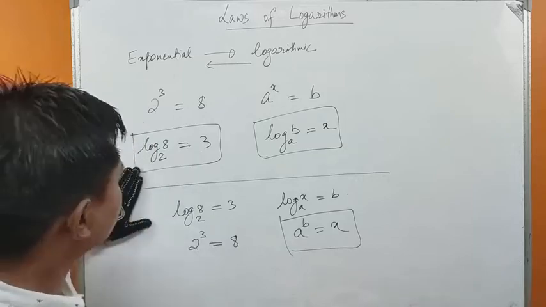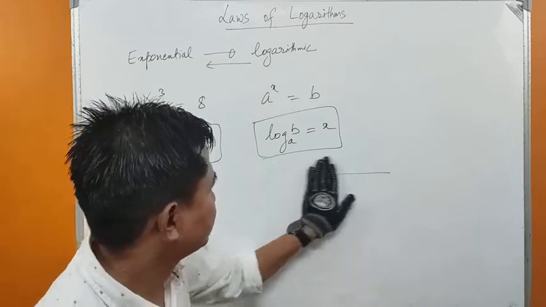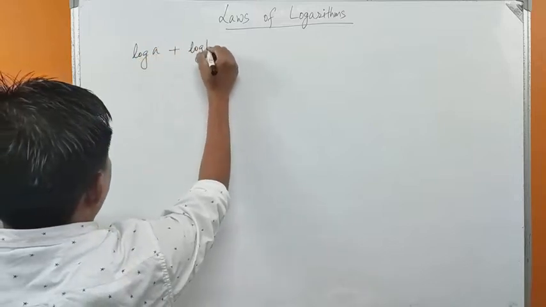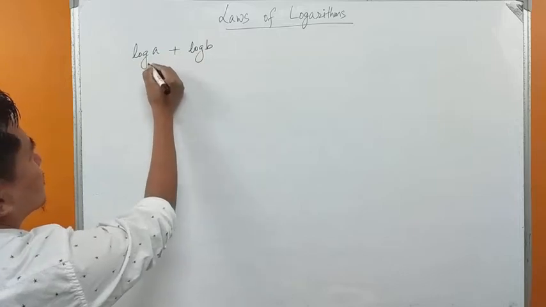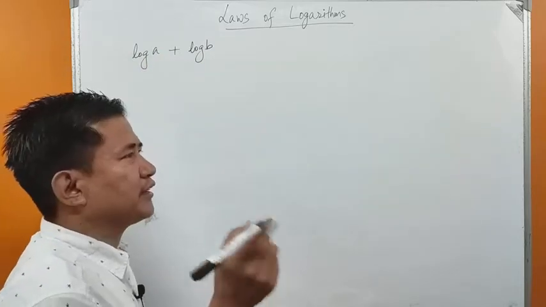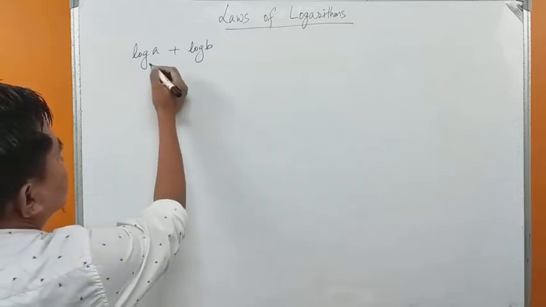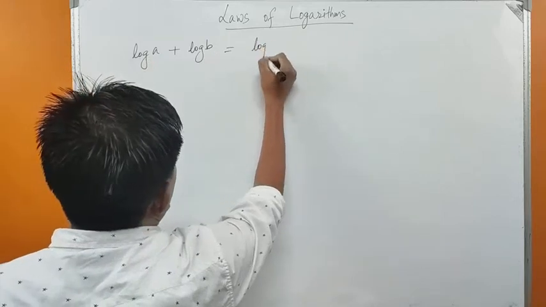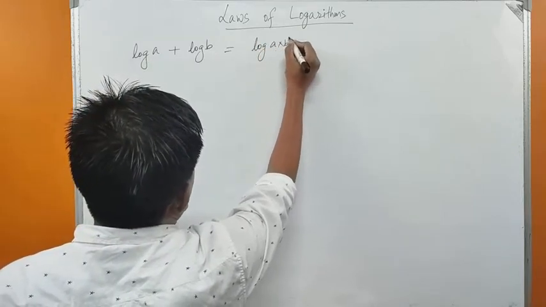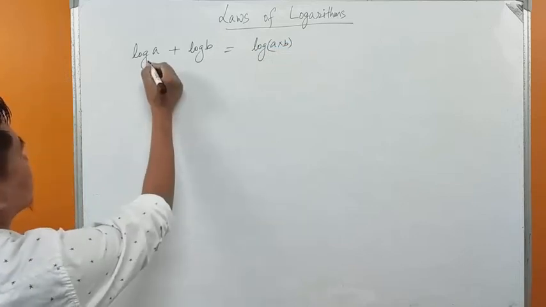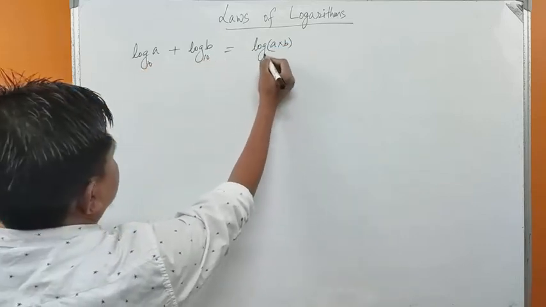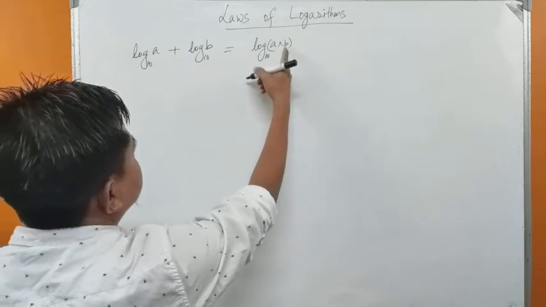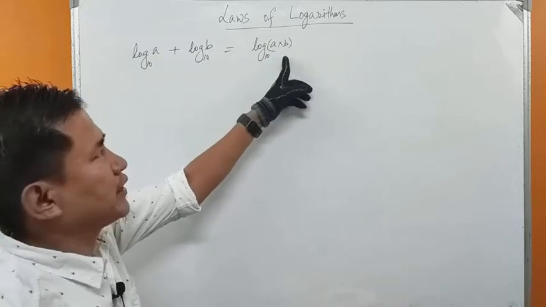Now let us move on to the laws of logarithm. Log a plus log b. If the base is not given, we should understand the base is 10. Log a plus log b, then we can write this as log a into b. So log a to the base 10 plus log b to the base 10 equals log ab to the base 10.